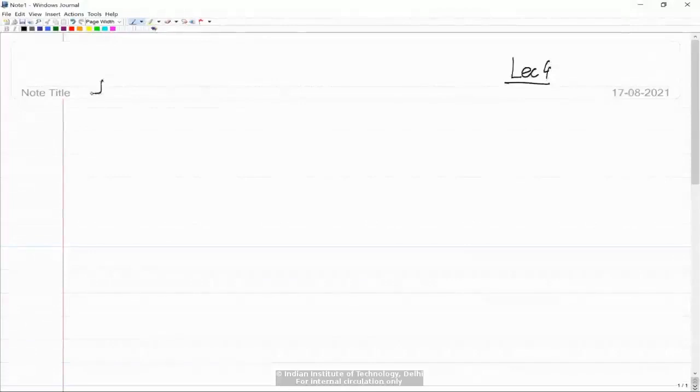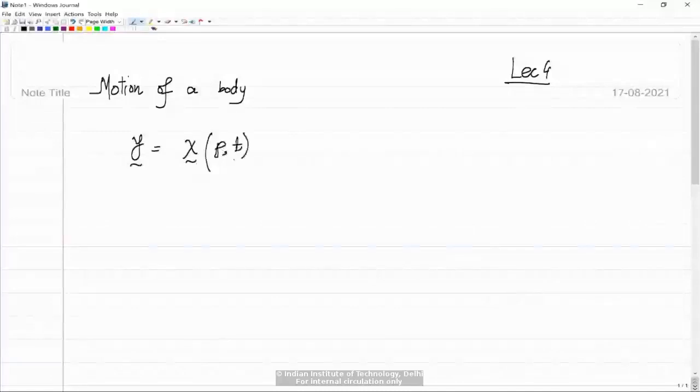So, if you can recall, we were studying motion of a body. We also brought in time. And so we said that the map is now the following. y is equal to this configuration map, which is of course a vector function, in position of all the particles p and time t.